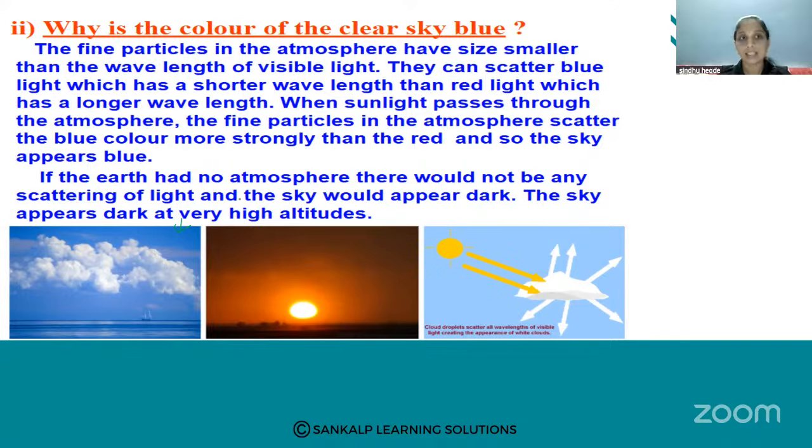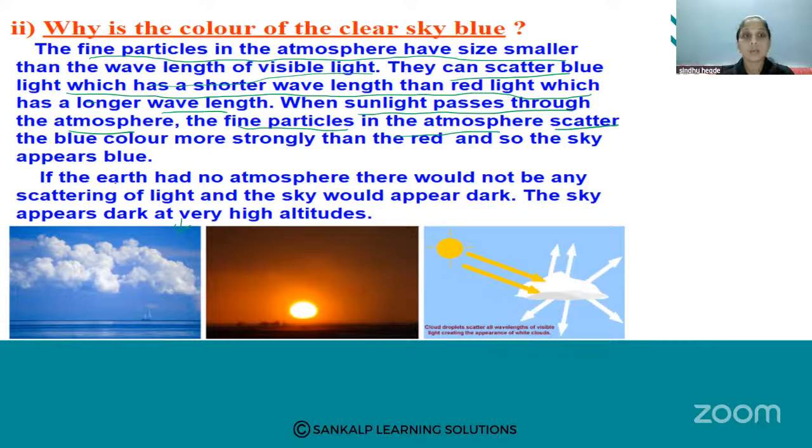The main reason is here: the fine particles in the atmosphere have size smaller than the wavelength of visible light. They can scatter blue light, which has a shorter wavelength than the red light, which has the longer wavelength. When sunlight passes through the atmosphere, the fine particles, which are nothing but gas molecules, oxygen, nitrogen particles like that, present in our atmosphere, get scattered.